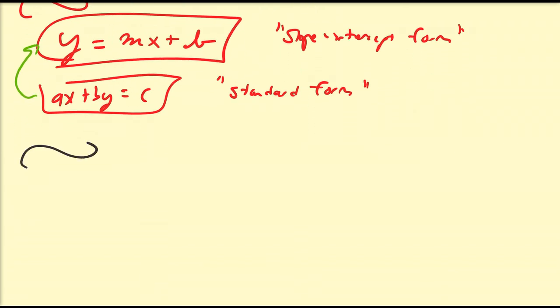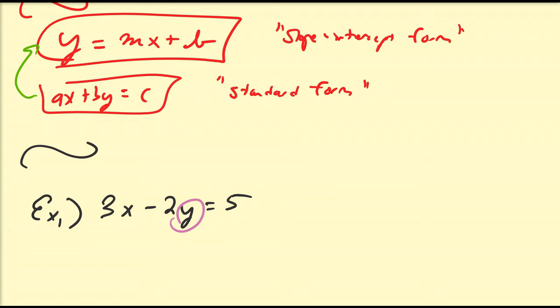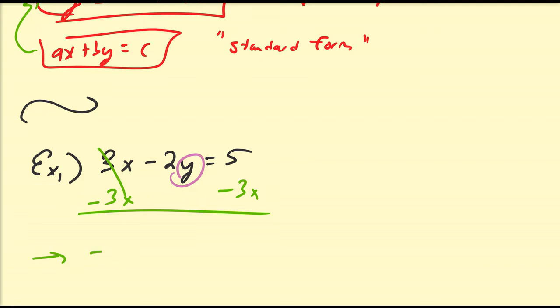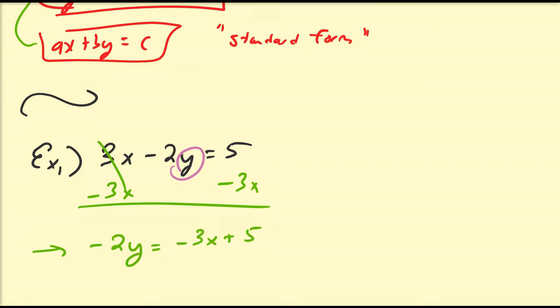So let's work through an example to demonstrate. Example 1. If I have 3x minus 2y is equal to 5, my goal is to find the slope and vertical intercept of this line. So I'm going to solve this equation for y. I'm going to begin by subtracting 3x from both sides, so I get negative 2y is equal to negative 3x plus 5.